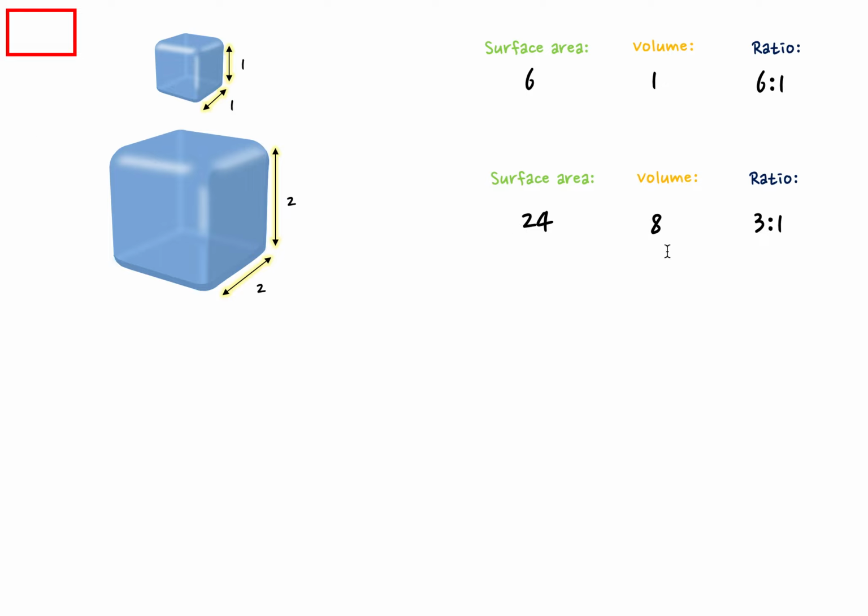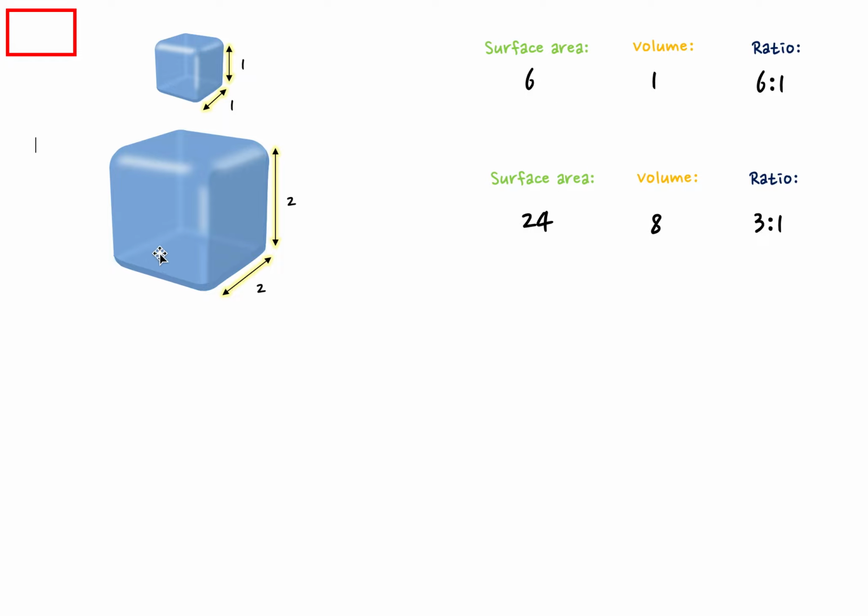So what does this mean? This means as the cell gets bigger, the amount of surface area doesn't get as big as the volume does. So the surface area increases, but not as much as the volume does. From the first cube, the volume got multiplied by 8, but the surface area only got multiplied by 4.